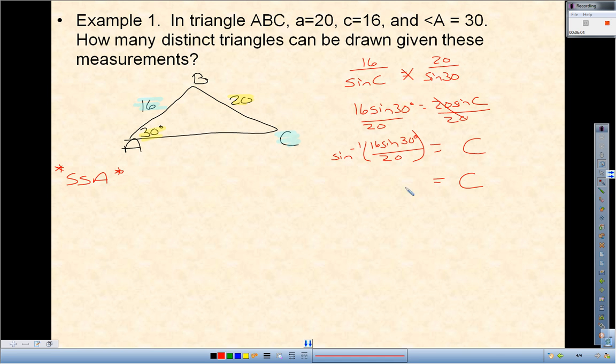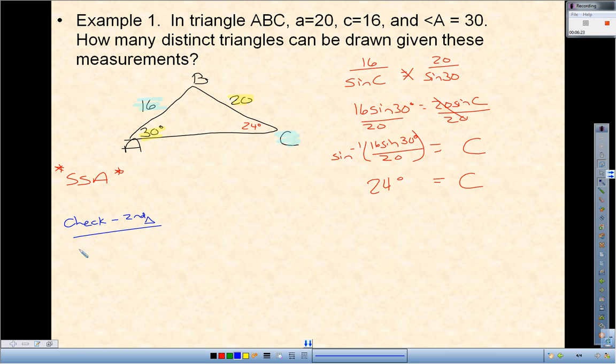If I do that in the calculator, I get approximately 24 degrees. So this is possibly one of my answers. Immediately I'm going to check, and I'm going to do it over here in blue. I'm going to check to see if there is a second possible triangle.